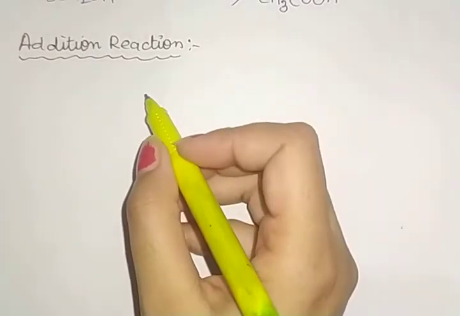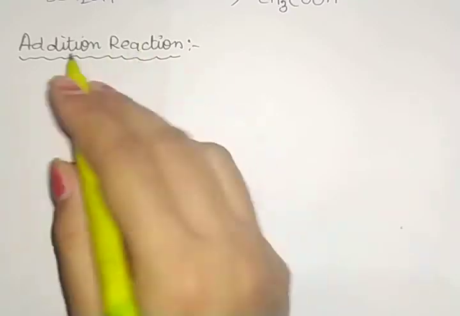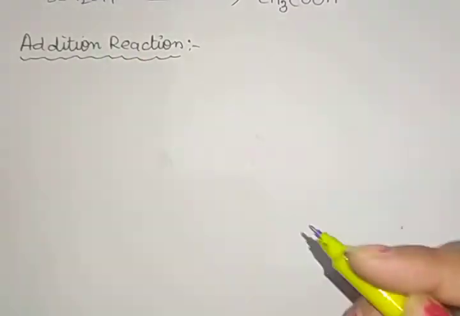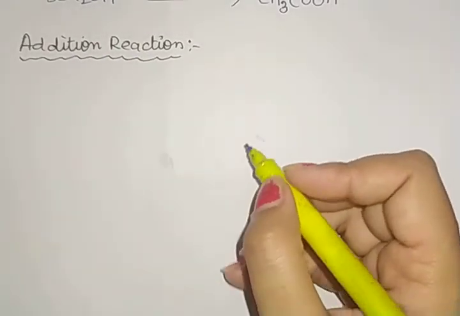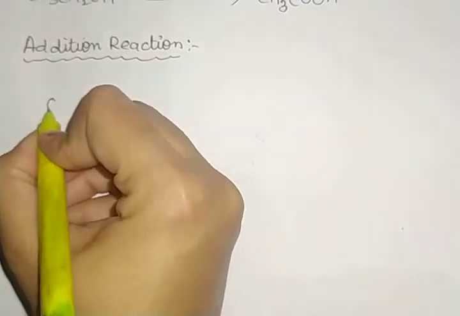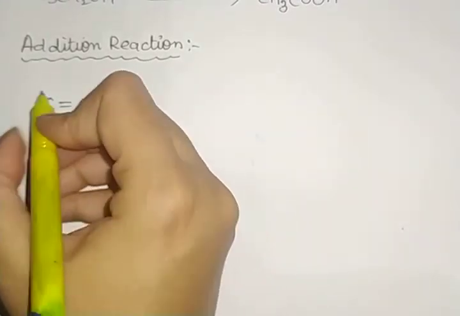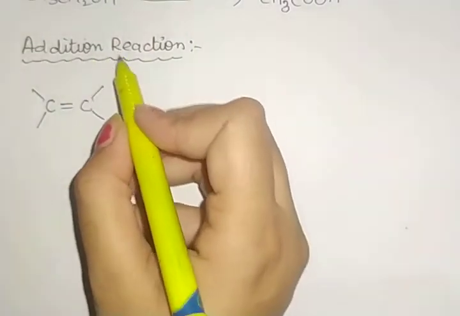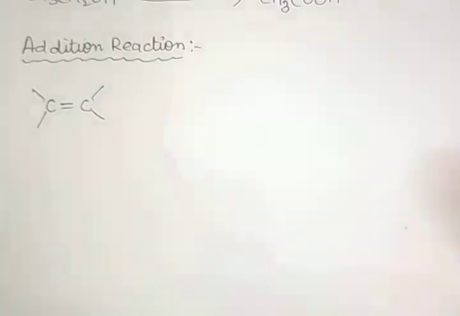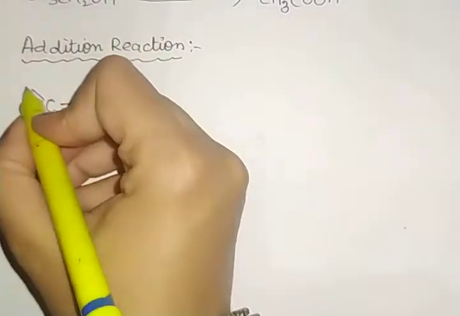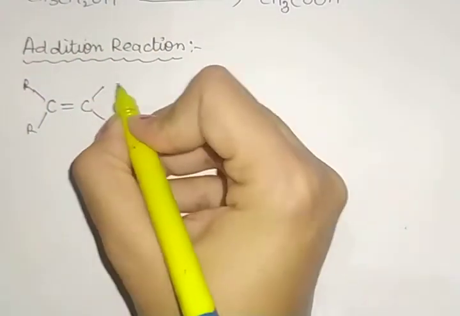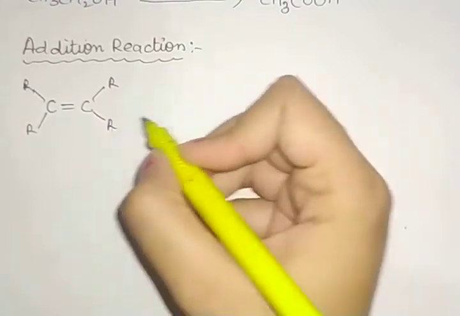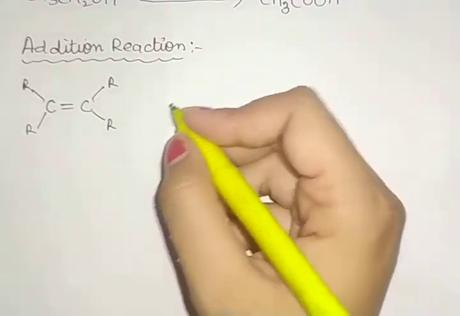Now next is addition reaction. As the name says, something is being added here. If we take unsaturated hydrocarbons, here C double bond C, whether hydrogen or R group is present, and R means an alkyl group such as CH3 or C2H5.